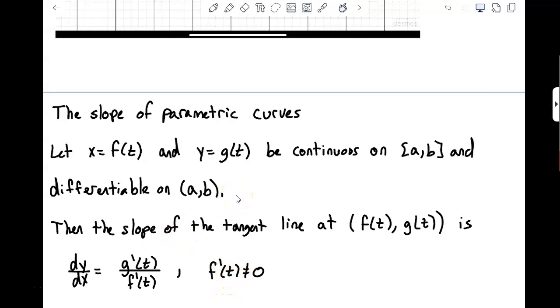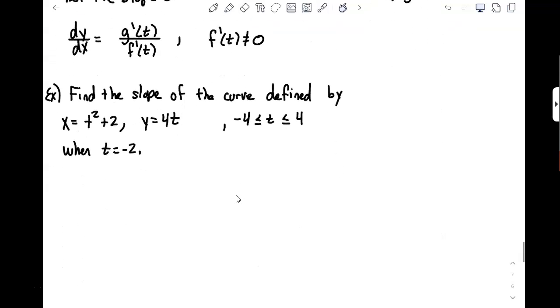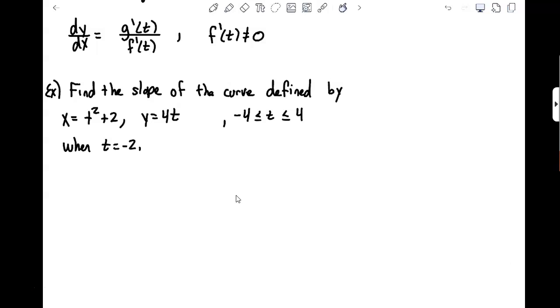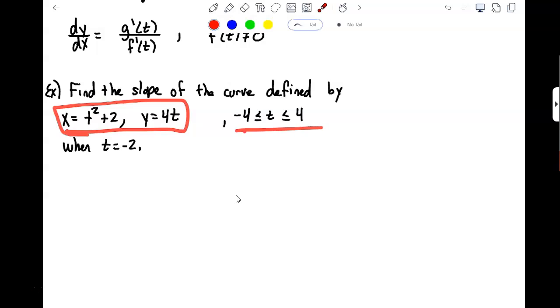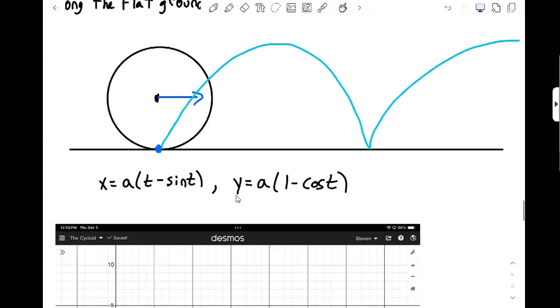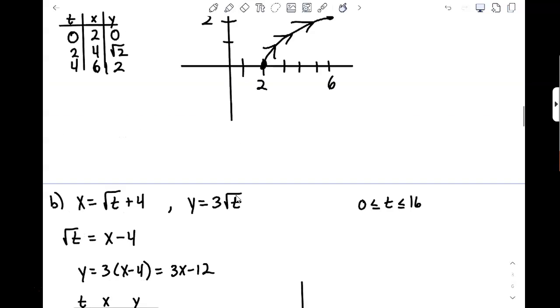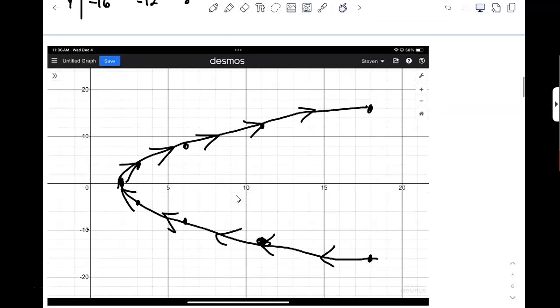Okay. So let's take a look at an example of this. Earlier we studied the parametric curve defined by x equals t squared plus 2, y equals 4t, as t ranged between minus 4 and 4. It was the one that we did the really long way, where we plotted a bunch of points to see what our curve is.